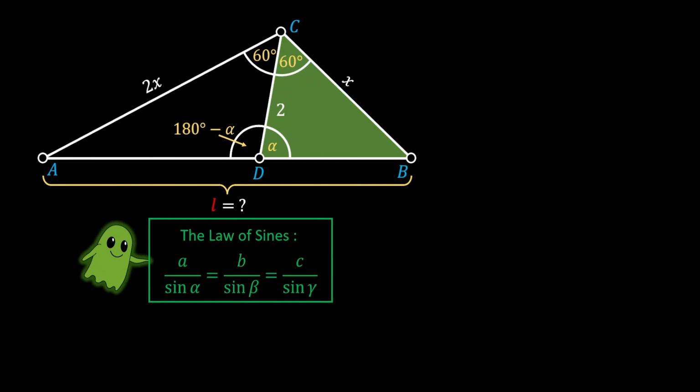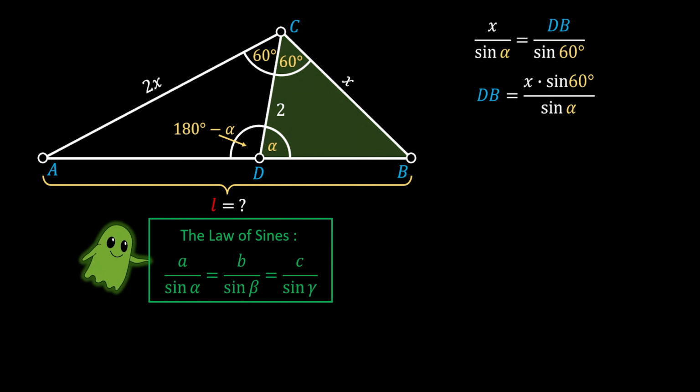So we're going to use this on our triangle CBD. We're going to use it on the side x, and the opposite angle will be alpha, and on the side DB, whose opposite angle will be the 60-degree angle. Now we're just going to rearrange this a little bit in terms of DB and get the following.